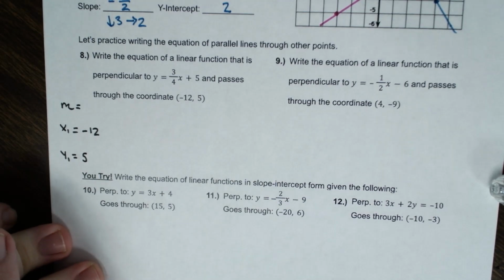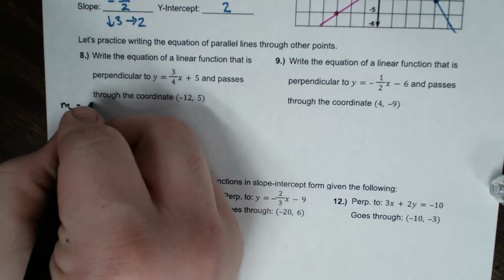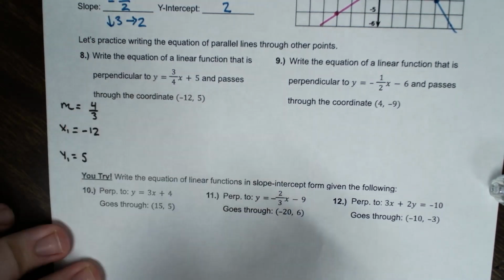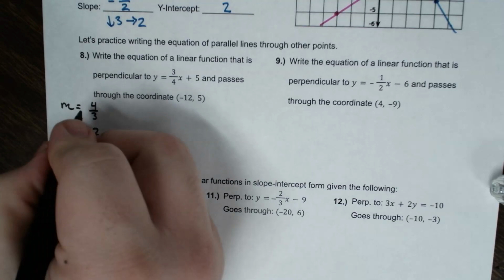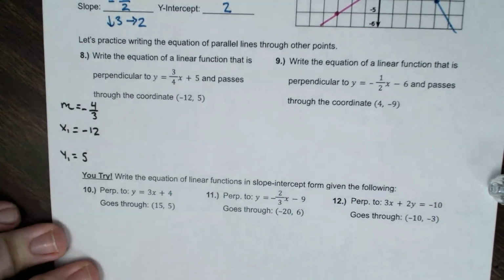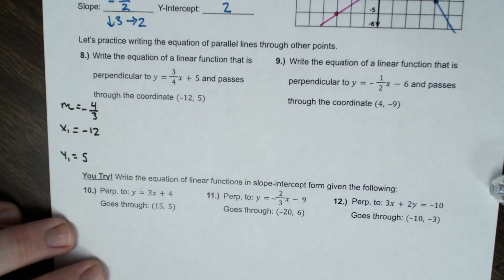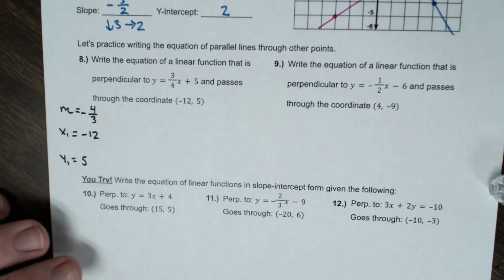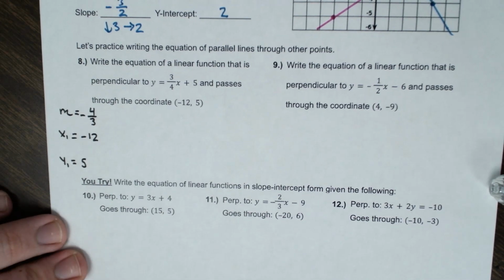The original slope was 3/4. So what's the perpendicular slope? I heard 4/3. So flip it and change the sign. Positive 3 over 4 becomes negative 4 over 3. Does that seem okay?